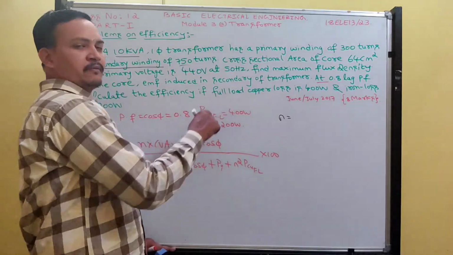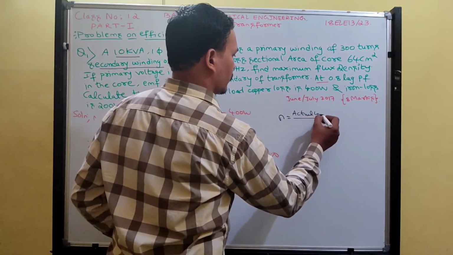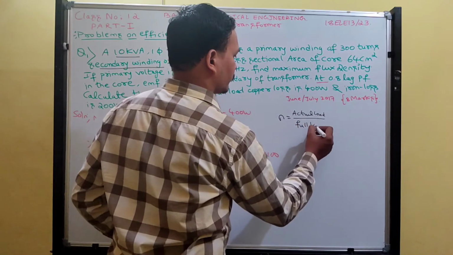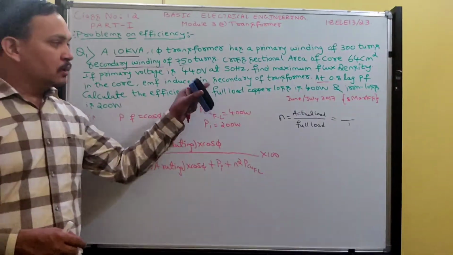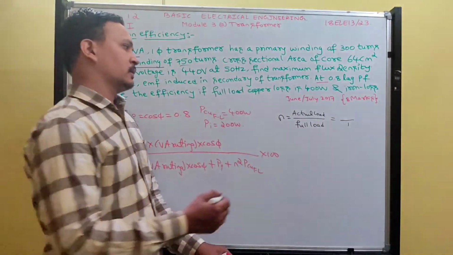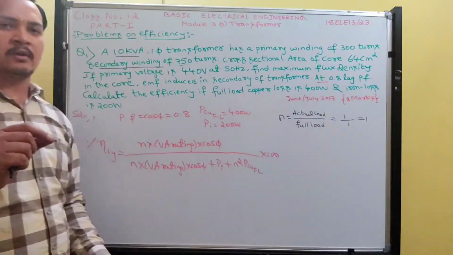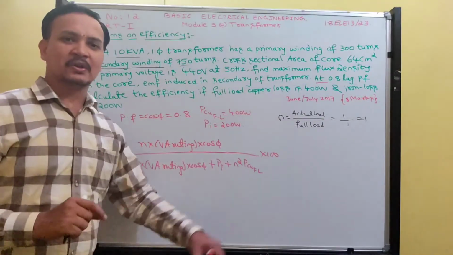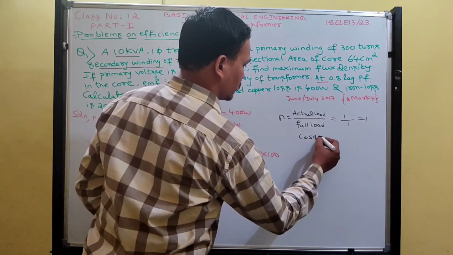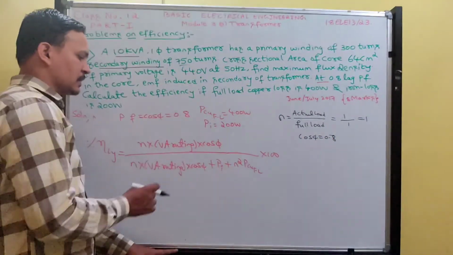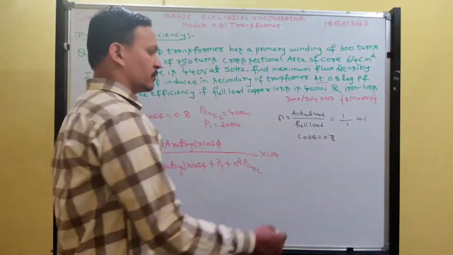They have given full load, so N is actual load divided by full load, which is 1 by 1, which is 1. Whenever they give full load efficiency, you take N equal to 1. Then cos phi, you should take 0.8 in this place, and for the volt ampere rating, what is the rating given for the transformer?